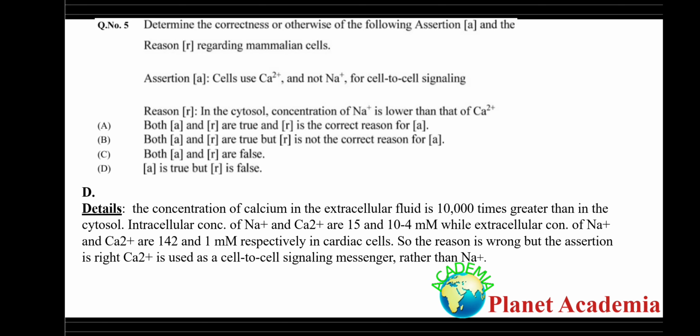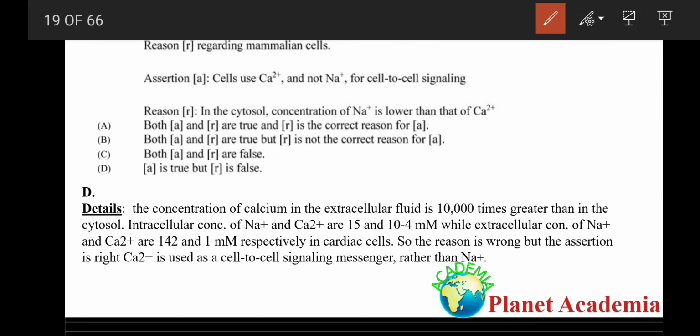Now, fifth question. Determine the correctness of the following assertion and reason regarding the mammalian cell. Assertion: cells use calcium, not sodium, for cell to cell signaling. Yeah, true. Do you remember the neuromuscular junction or neuron to neuron attachment?